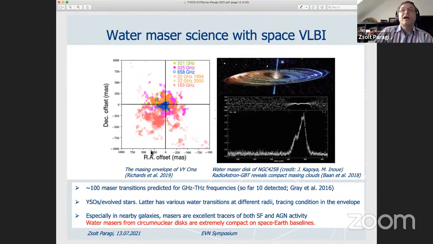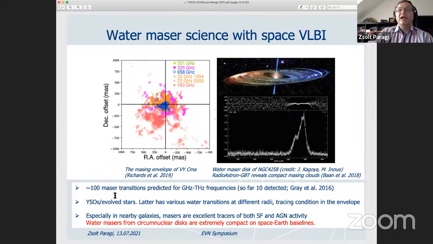There are about 100 maser transitions predicted between gigahertz and terahertz frequencies, but only 10 have been detected so far. For example, around evolved stars, you can see the various water maser transitions tracing the different conditions in the envelope, appearing at different radii.